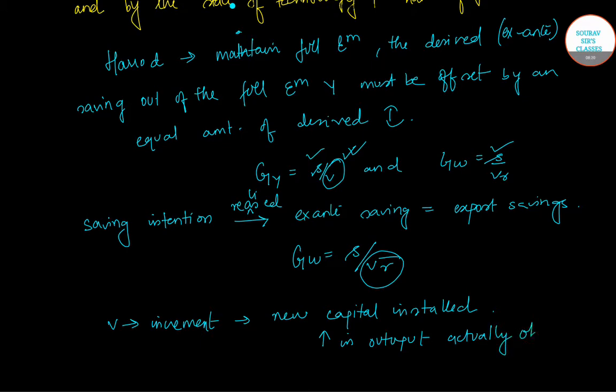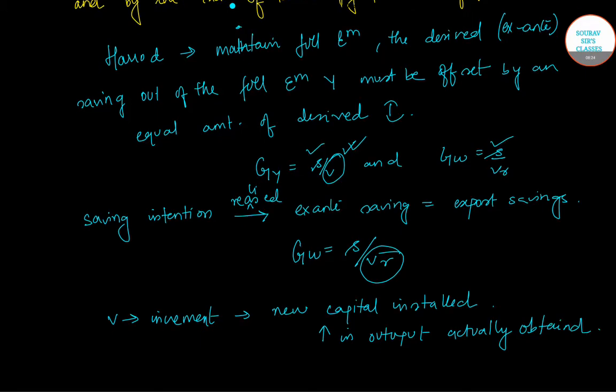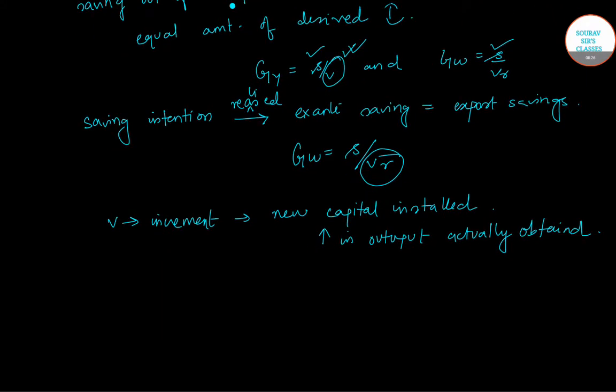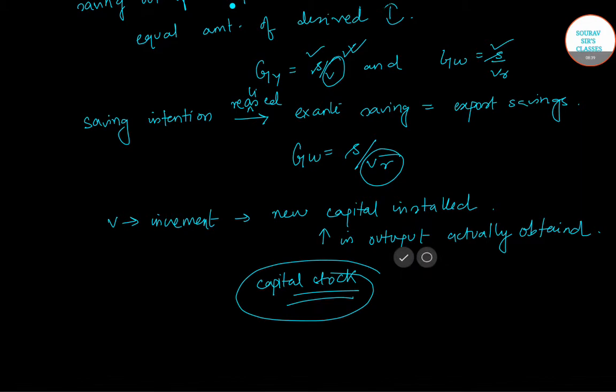So it shows what has actually been produced with the addition to capital stock in a period, and not whether the producers are satisfied with the increase in output actually realized.